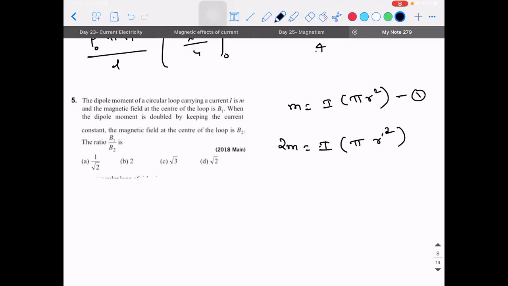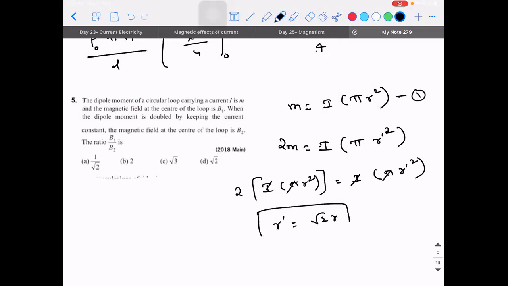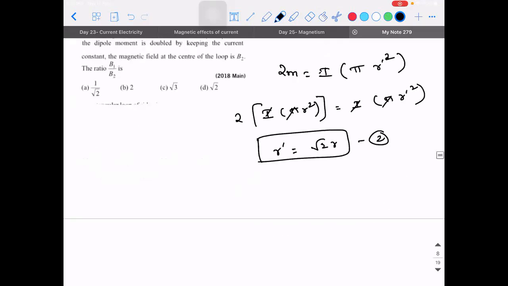So if I call it r dash, then r dash will be how much? Let's substitute all the values and see. I into pi r square multiplied with 2 is equal to I into pi r dash square. So r dash is equal to root 2 times r. Let this be equation number 2.